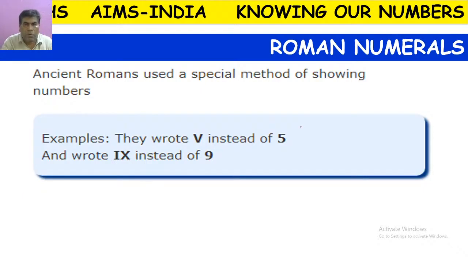Okay, next, about Roman numerals. Up to now we learnt about the Hindu Arabic number system and the international number system. In the Hindu Arabic system we have ones, tens, hundreds, thousands, lakhs, crores, arabs, whereas in the international system, after thousands we have millions, billions, trillions.